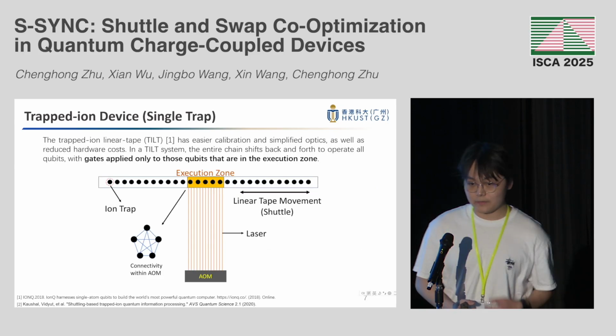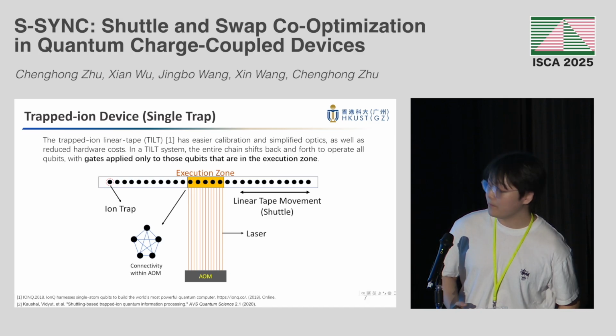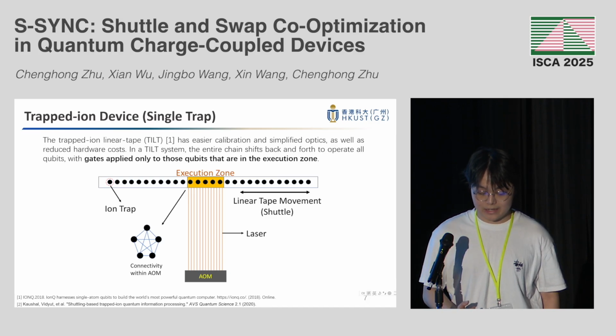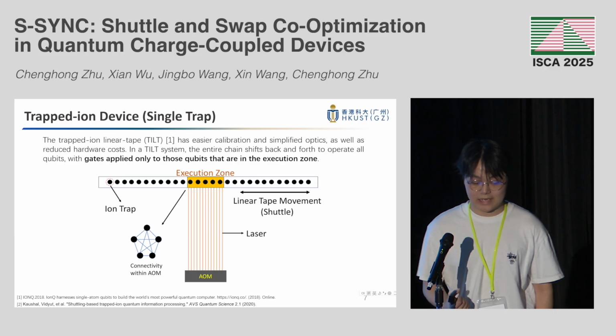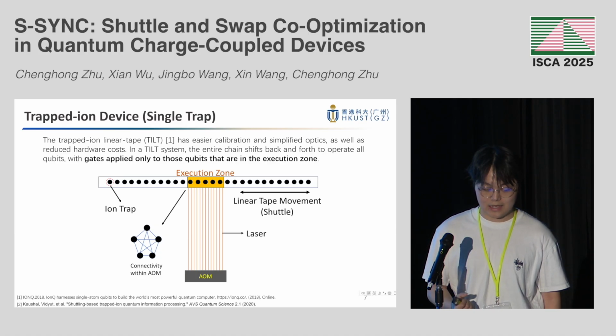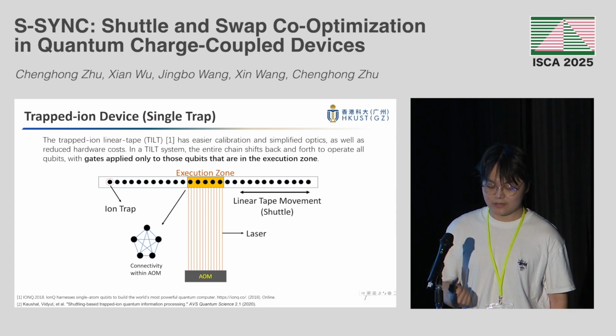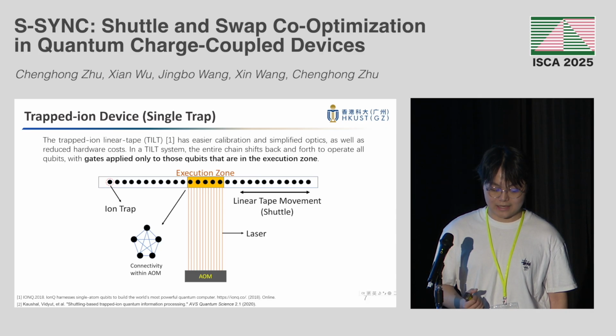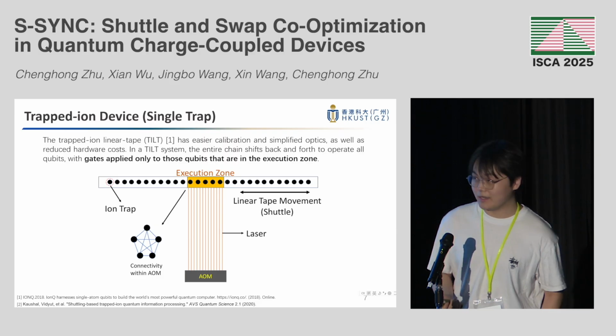The most fundamental device is known as the trapped ion linear tape, or TILT, device, and it has easier calibration, simplified optics, and reduced hardware costs. In such a device, the entire chain shifts back and forth to operate all qubits, with gates applied only to those qubits in the execution zone.